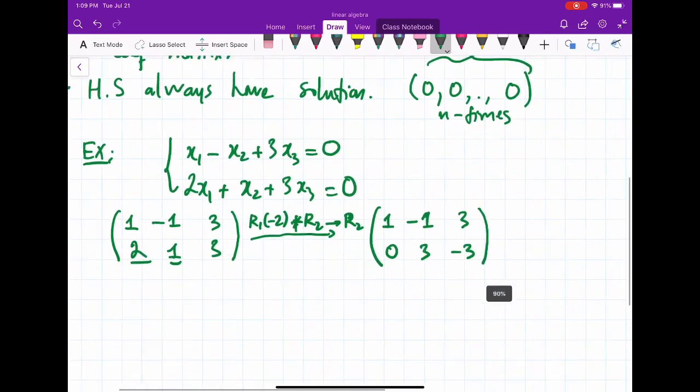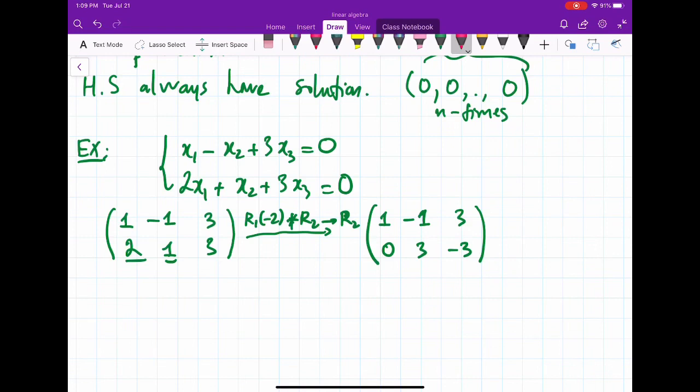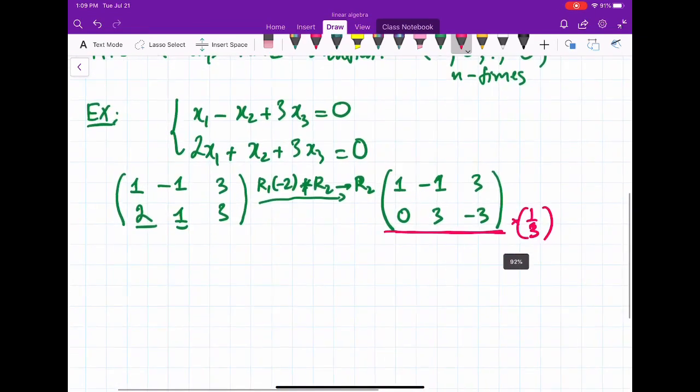From here I might simplify by dividing the second row by 3, or we say multiply by 1/3. I will get 1, -1, 3, 0, 1, -1.